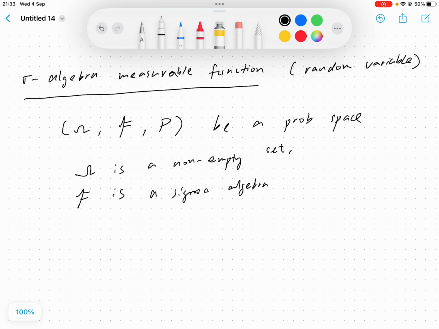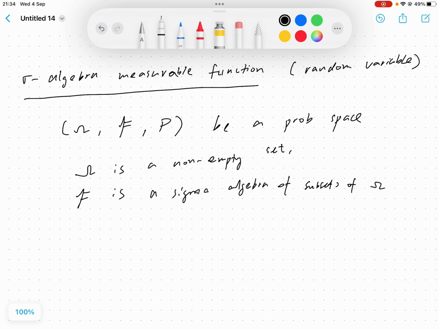Remember that a sigma algebra is just a collection of subsets of the power set, right? That's simply the meaning of sigma algebra, a collection of subsets satisfying some requirements. That's not a difficult concept. So this F is a sigma algebra of subsets of omega, which should be a subset of the power set of omega, right?